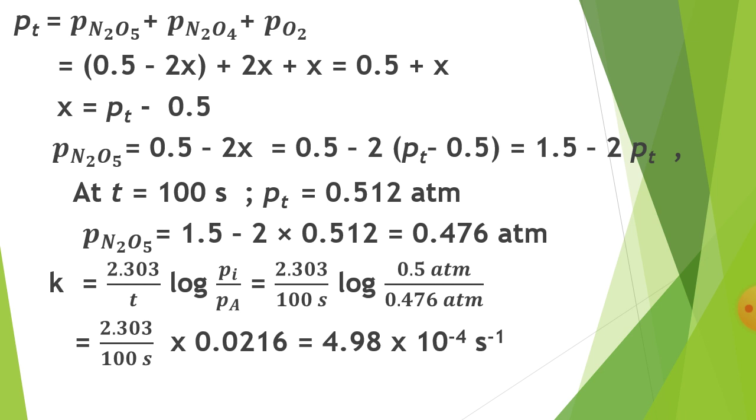So by putting these values and solving, we get the value of K equal to 4.98 into 10 to the power minus 4 second inverse. Here also you have to use the log table to calculate the value of log 0.5 divided by 0.476. So for this type of question, in terms of pressure, you use the formula of rate constant like this.